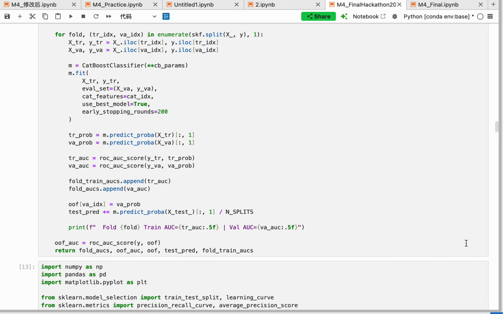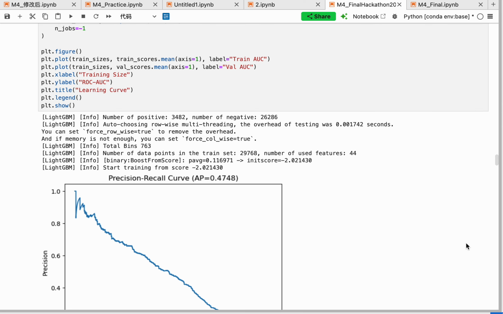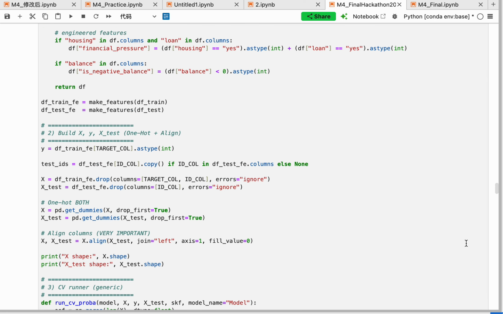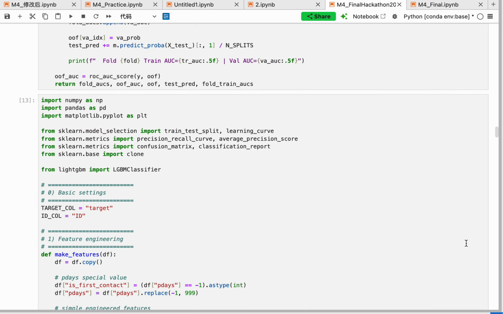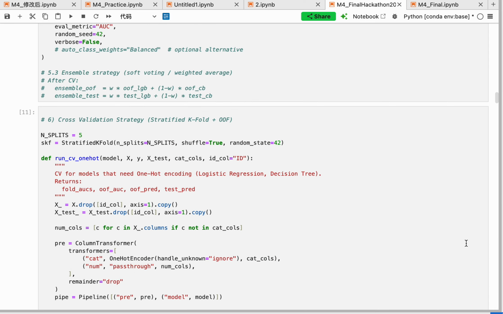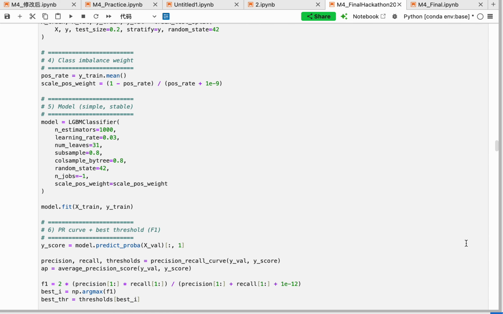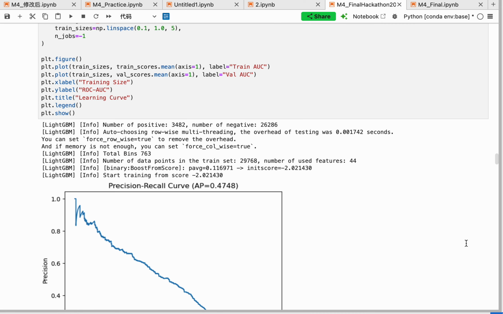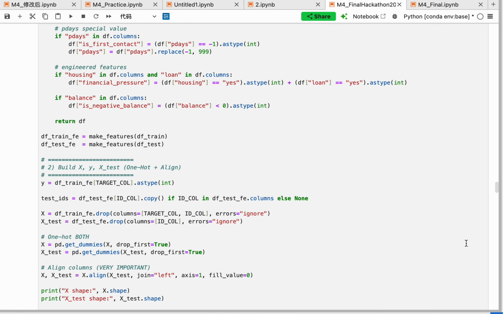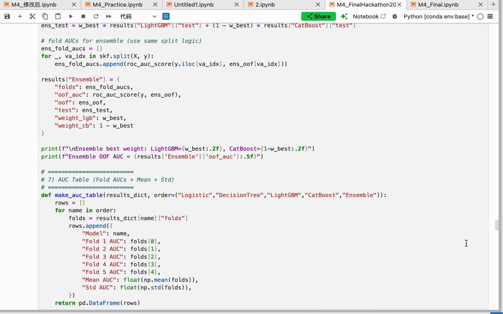What did I do to improve performance? First of all, I began with baseline models, logistic regression and decision tree.